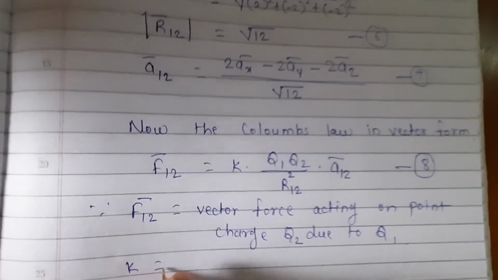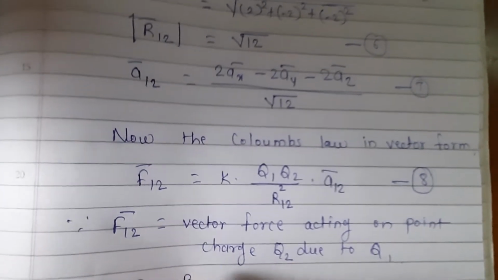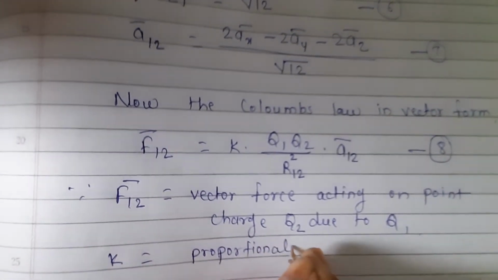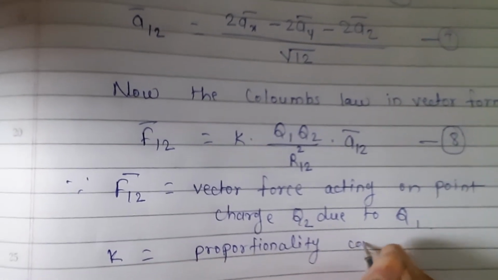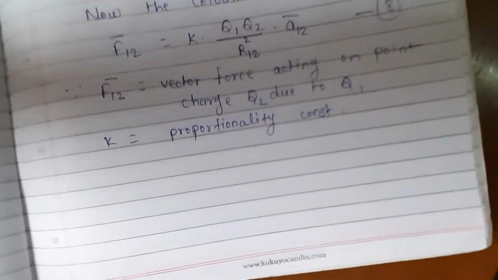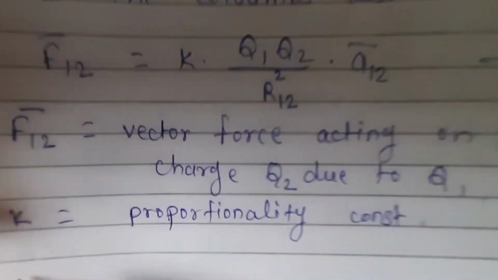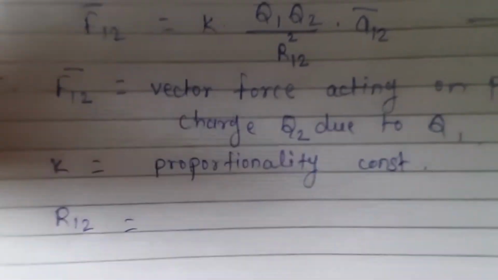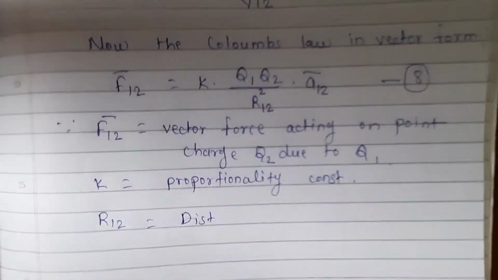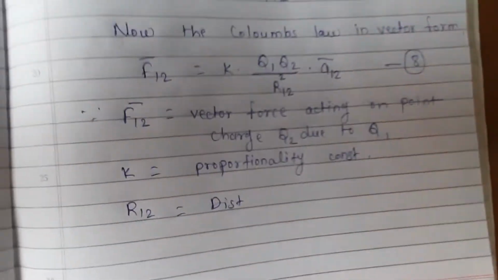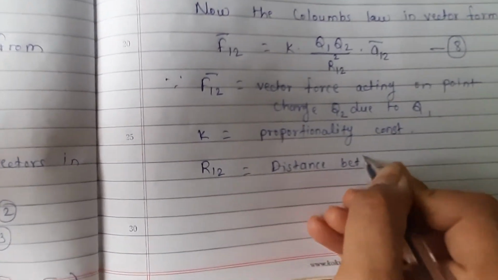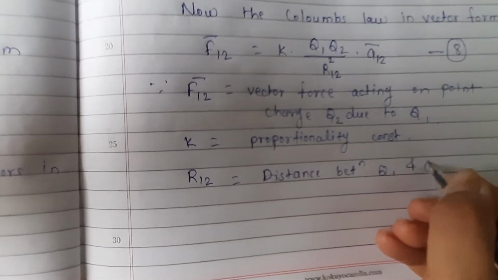Now what is K? The proportionality constant. What is R12? It is the distance between Q1 and Q2.